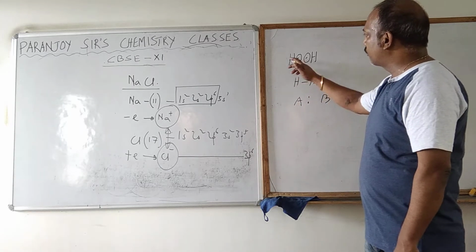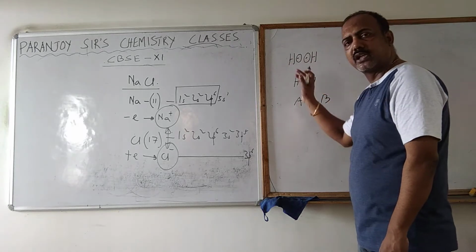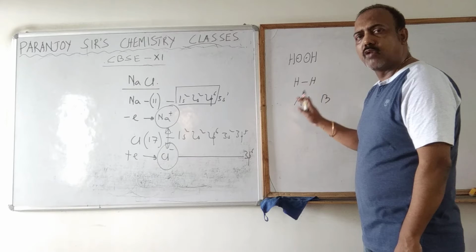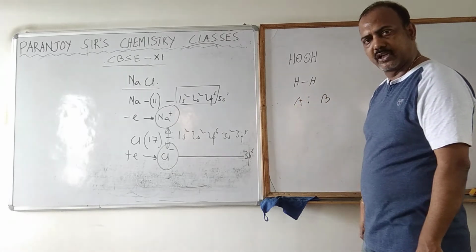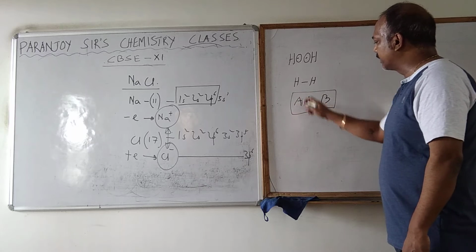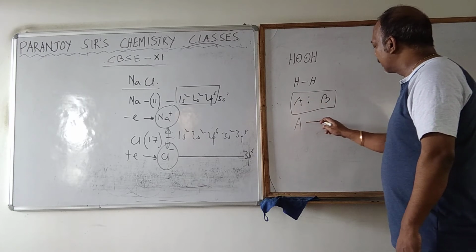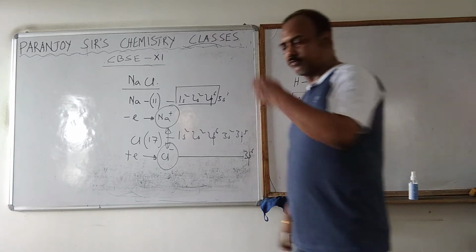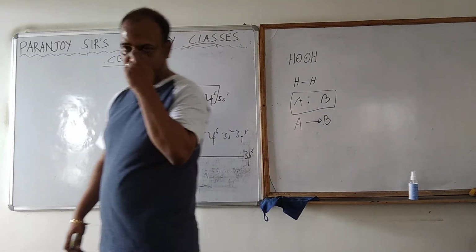In the earlier case, both the atoms forming the bond are donating one electron each. But in this particular case, only one atom is donating the pair of electrons. And the bond formed between A and B is called a coordinate covalent bond. This is also a covalent bond because it is also formed by sharing of electrons.